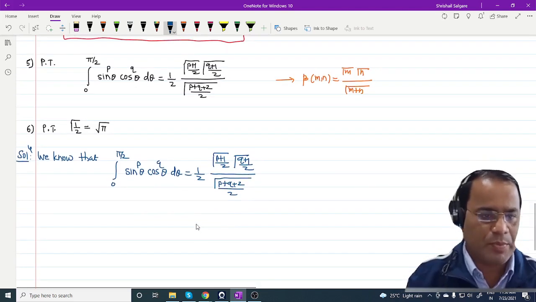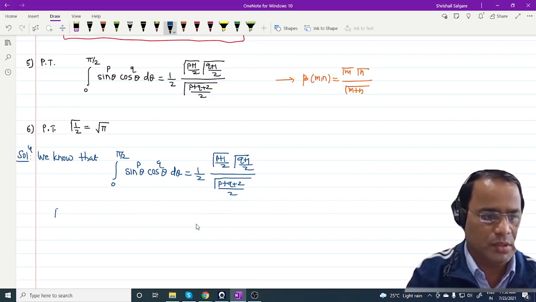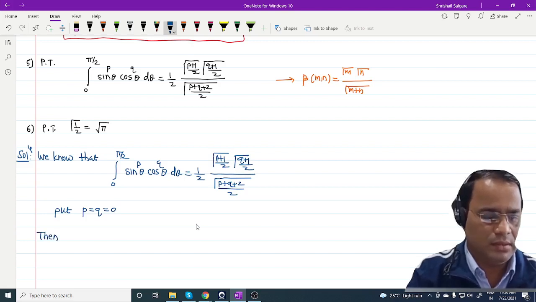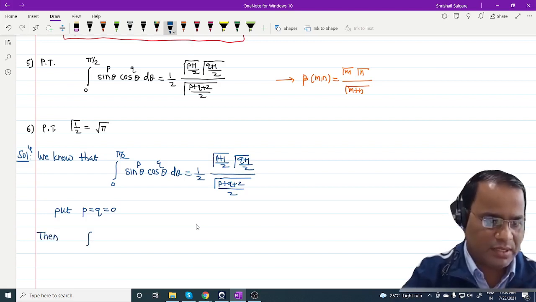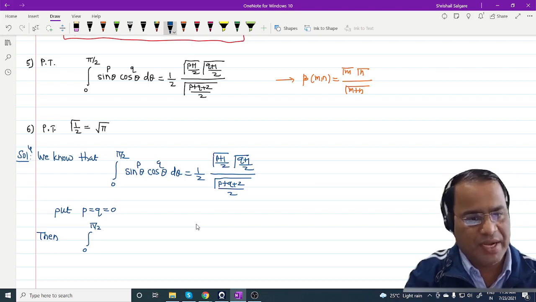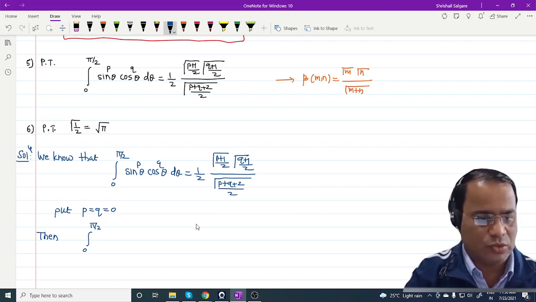Now in this property, what you have to do, you have to put both p and q equal to 0. Then the integral becomes 0 to pi by 2. Both p and q are 0 and anything raised to 0 is 1.